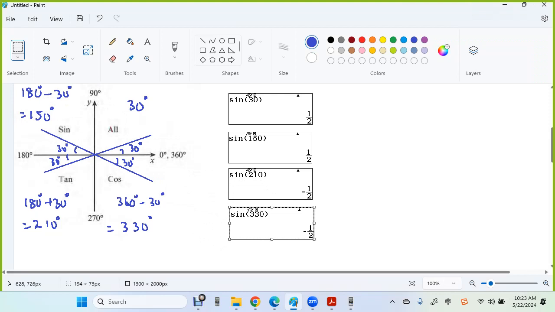So you can see that the first and second quadrants are positive, and then the third and fourth quadrants are negative.